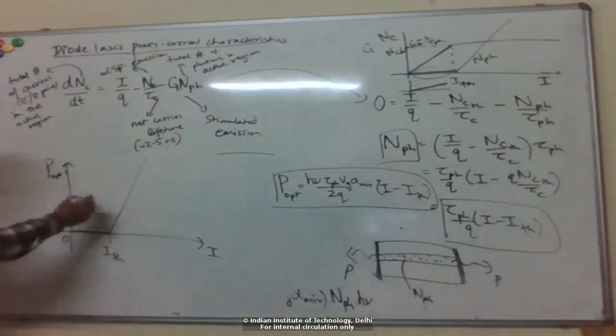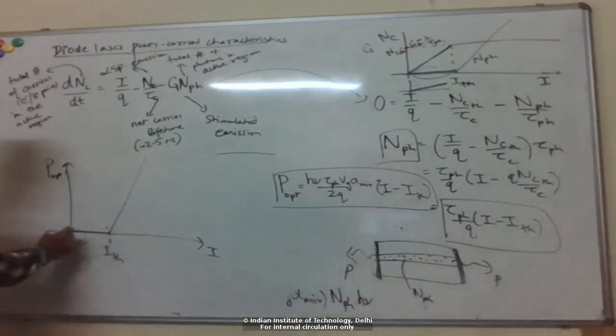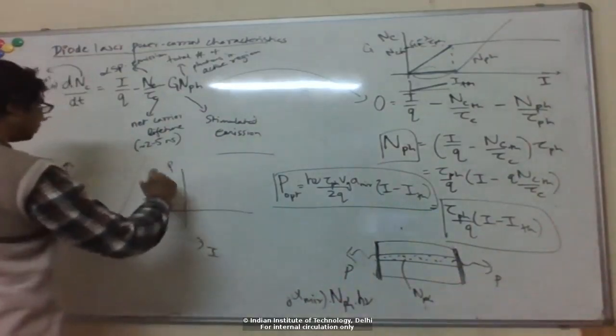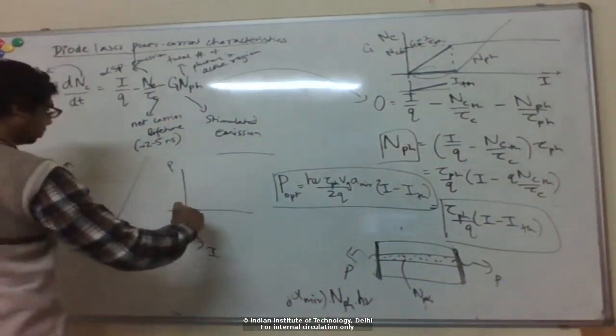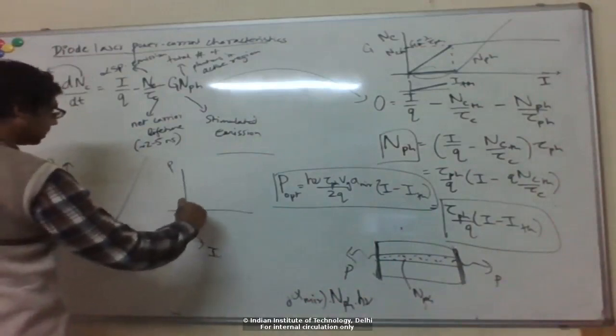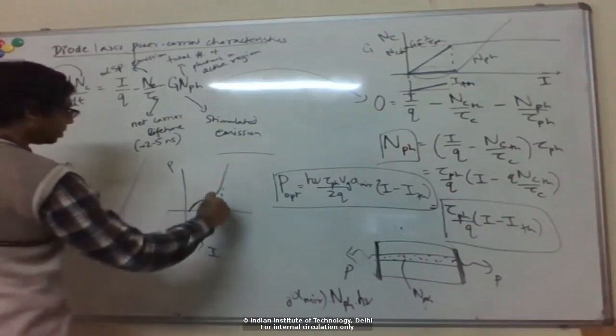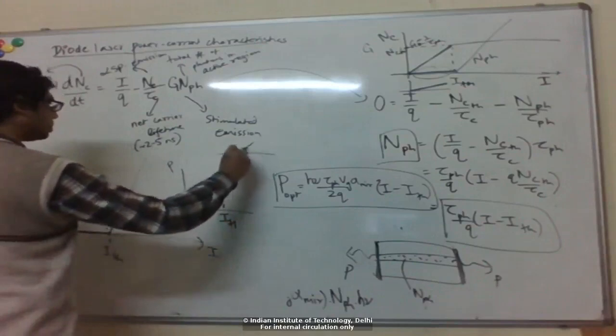And so if I plot this on a log scale, on the linear scale it almost looks like it's flat, 0 here, and then if you plot on the log scale, you can see some effect of the spontaneous emission. So there is some small slope here, and then suddenly at threshold there's a huge jump.